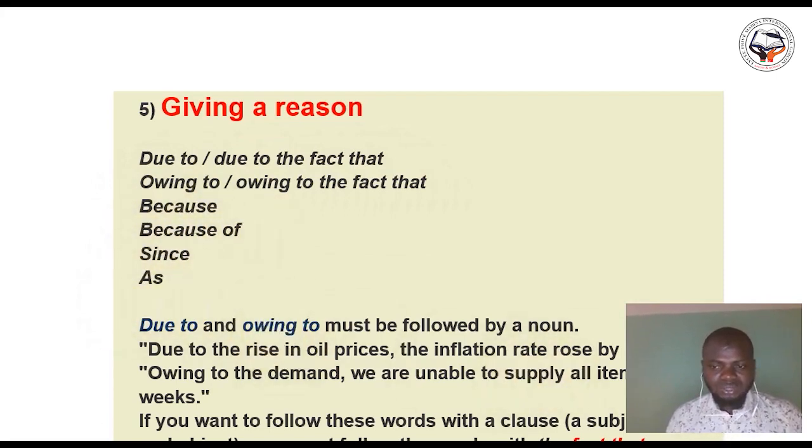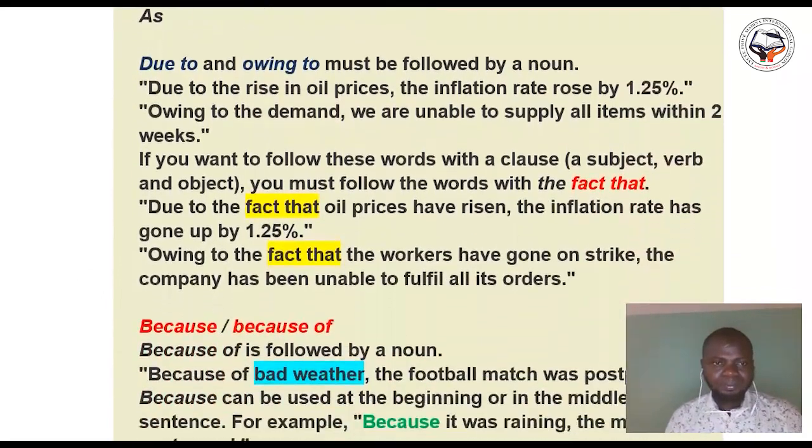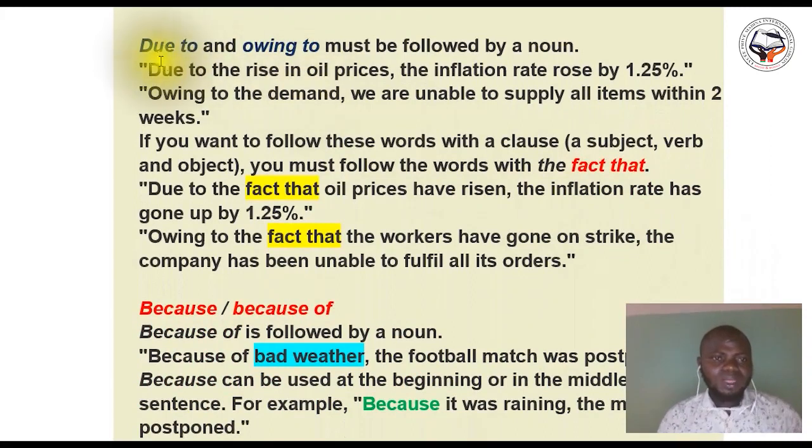We are going to see them separately. Now you have due to and owing to. Due to and owing to must be followed by a noun. That is, when you want to use due to and owing to, they must be followed by a noun.